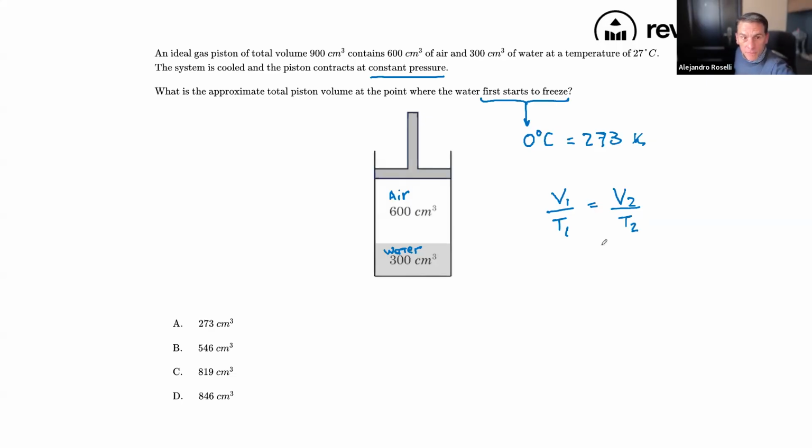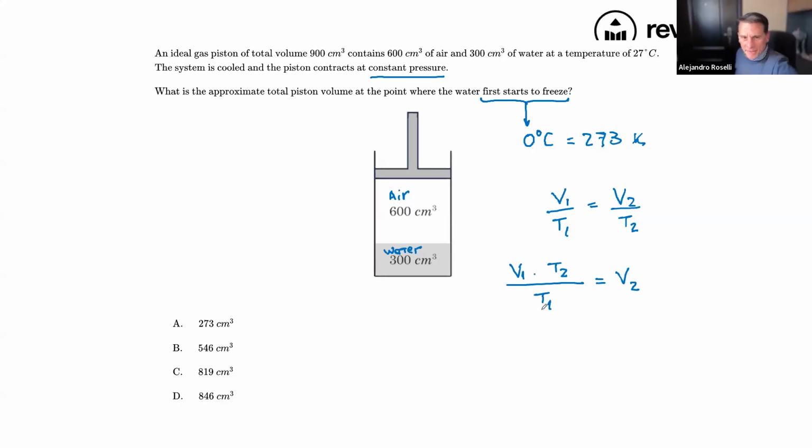And we ask for the volume in the final state. So let's solve this equation for V2. It'll be V1 multiplied by T2 and divided by T1.